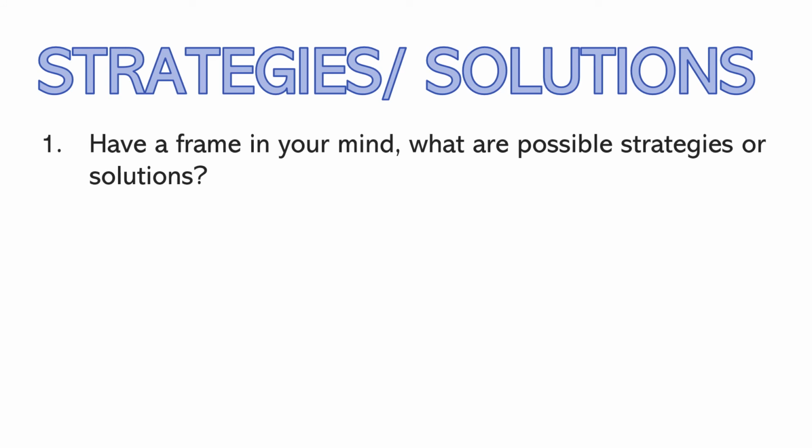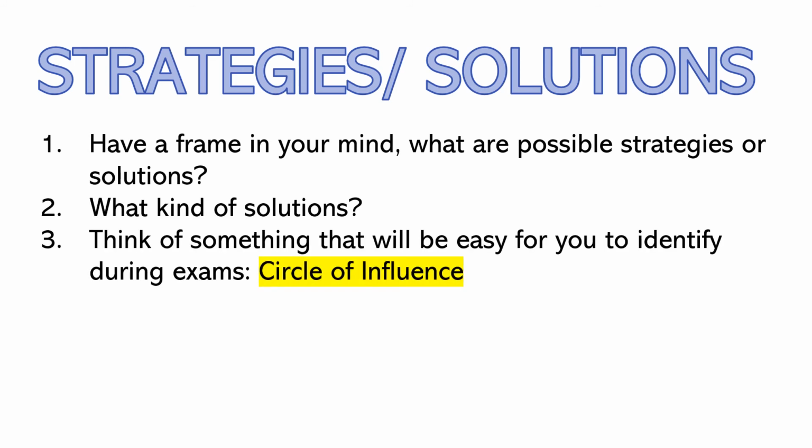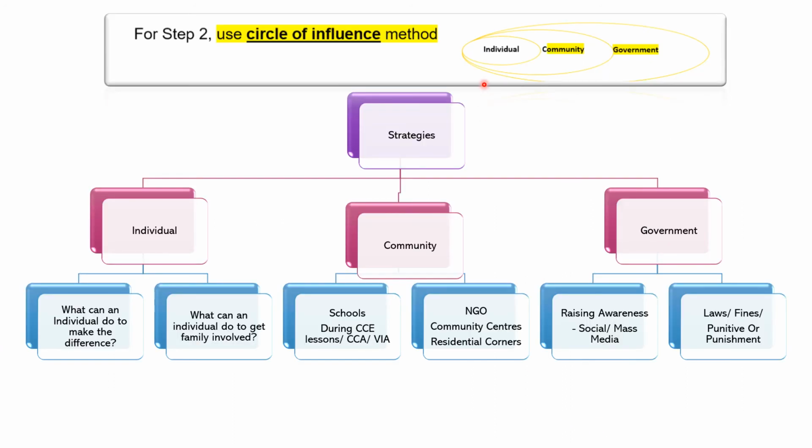So some of the strategies is using the circle of influence. Now, what is this circle of influence? Right? So a circle of influence is to look at things based on individual, based on community, based on government. Okay, so as an individual, what can you do? What are the strategies? Okay, how can you as an individual get your family to be involved? So that is also possible.